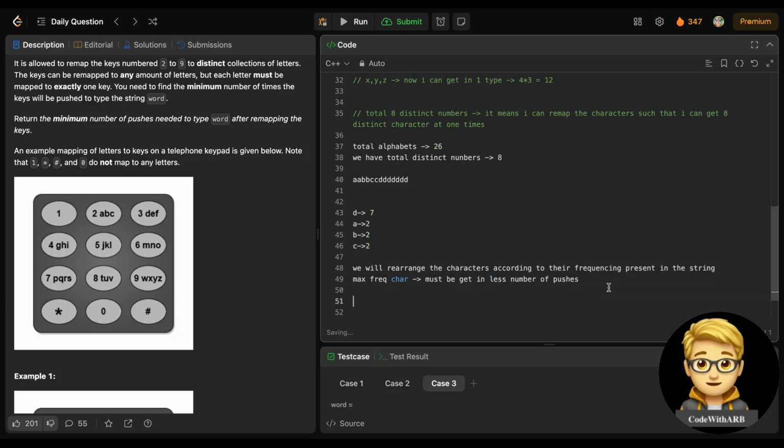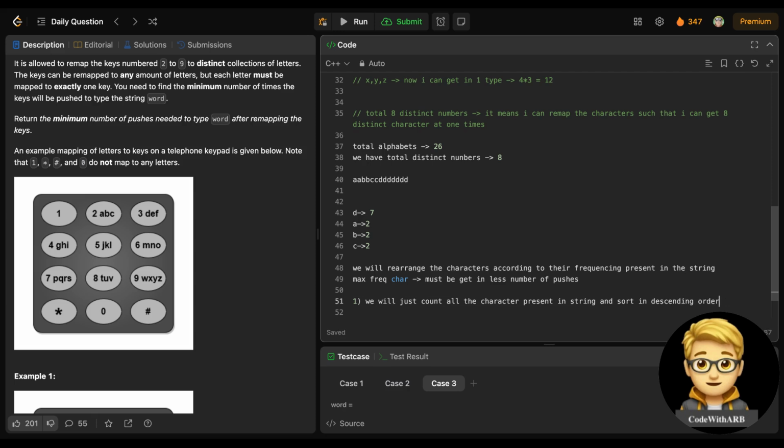So we will count all the characters present in the string and sort in reverse, in descending order.